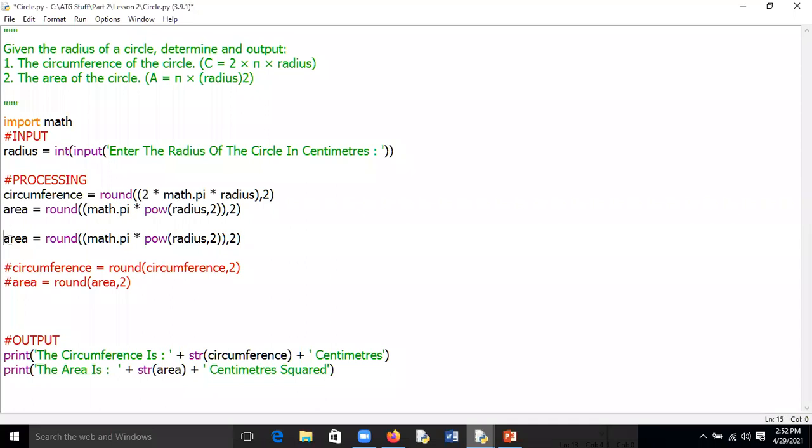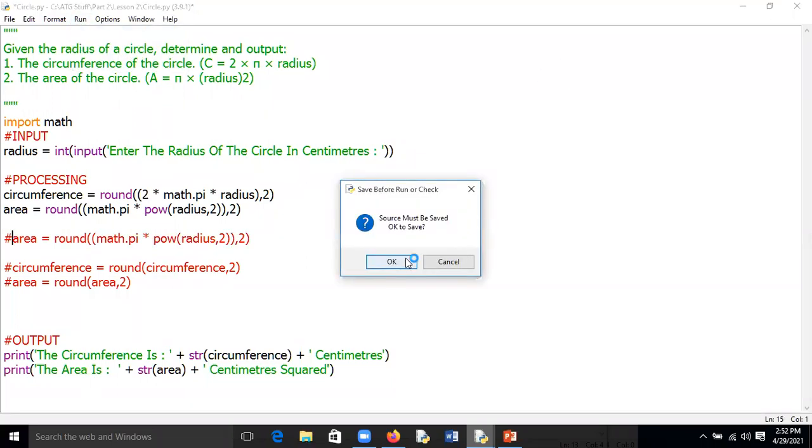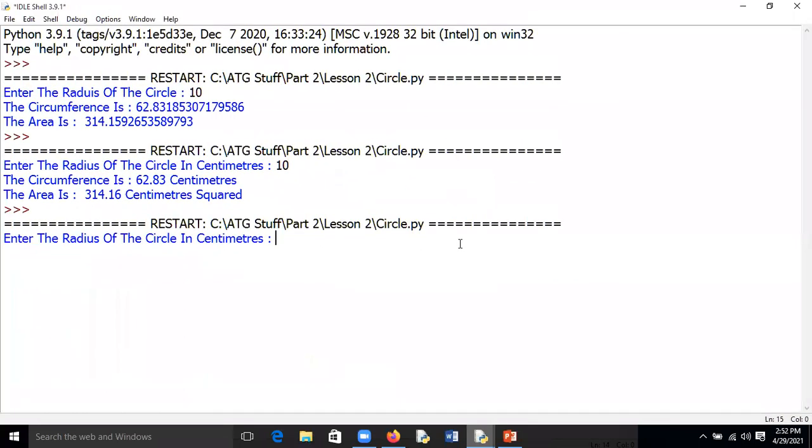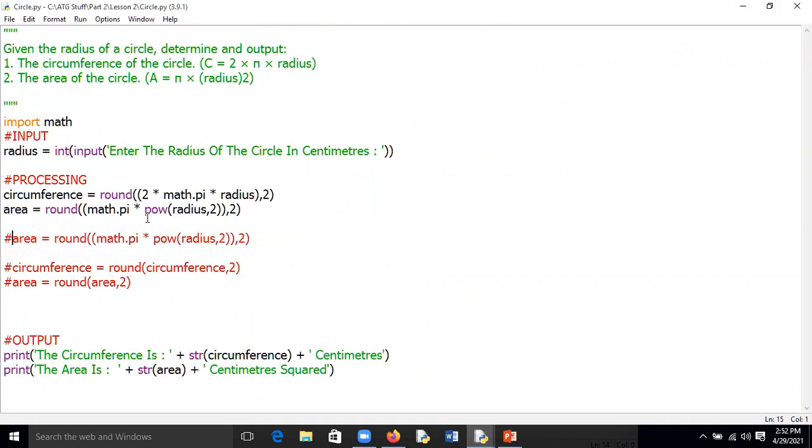All right, I'm just going to comment this out and let's run it again. I'm still going to enter 10, so you can see that the answers are going to be the same. Can you see that? So what did we look at? We actually looked at combining our round with our calculation. So we can actually do quite a bit of stuff in one statement, right?